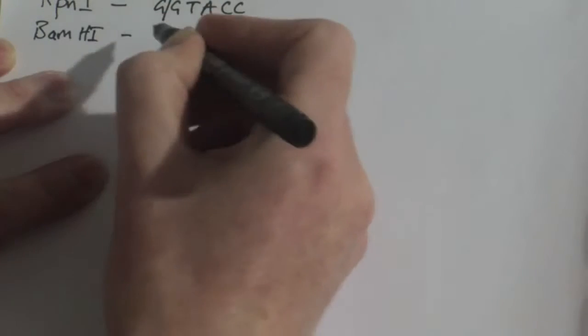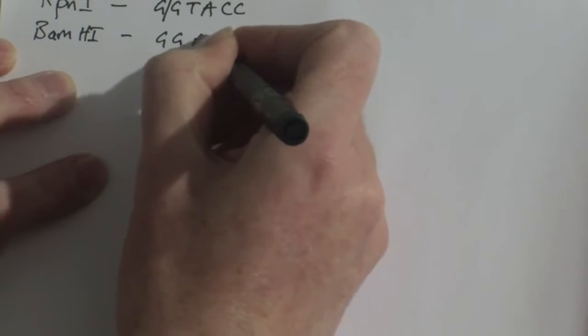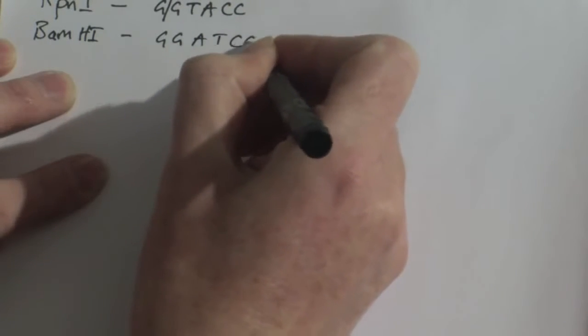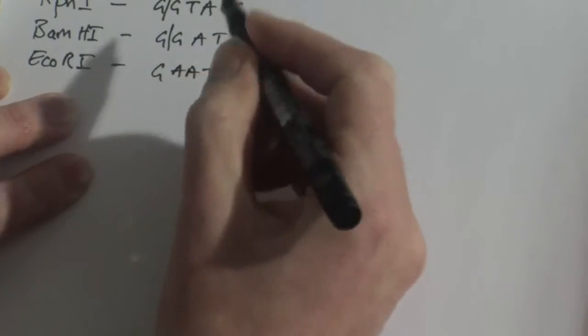Another enzyme will have a completely different specificity. So for example, BamHI will cut at this DNA sequence here, double G, A, T, C, C. And again, it cuts between the two Gs. EcoRI, for example, will cut G, A, T, T, C, and it cuts between the G and the A.